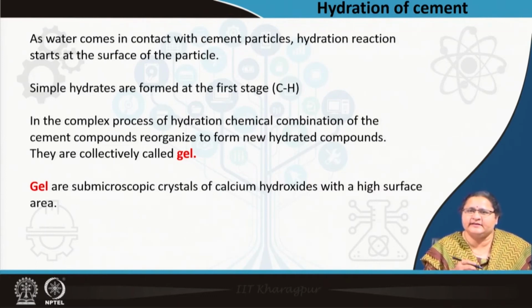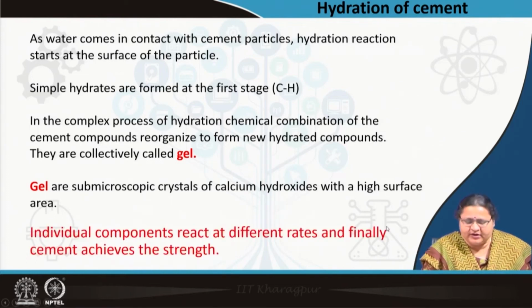If there was clay in the sand, the clay would not have allowed this gel to reach the sand particle. So this high surface area gel coats the sand which sits on the top of the coarse aggregate, and finally that binds. Individual components react at different rates, and finally cement achieves the strength, and all other ingredients along with it get bound.